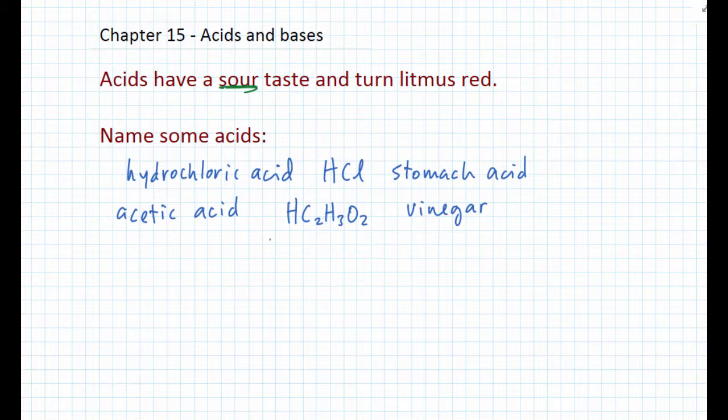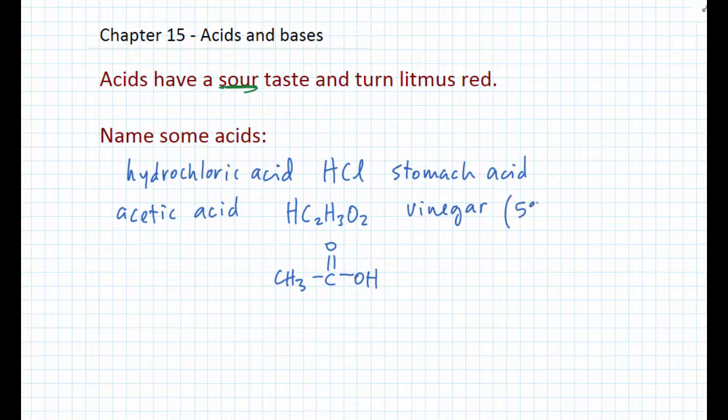Let me draw its structure. Does vinegar have an intermediate reaction?